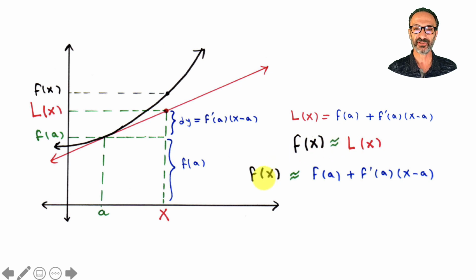So if you want f of x and you want to approximate, instead of writing L of x, you could write this sum of two items, and the graph says where they're coming from. It's f of a and f prime of a multiplied by x minus a.